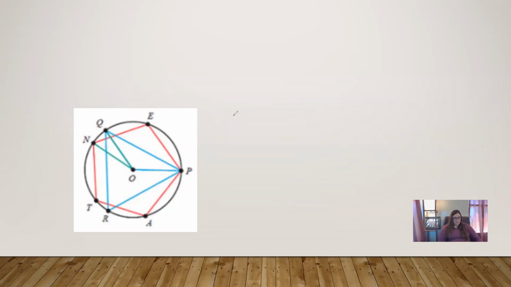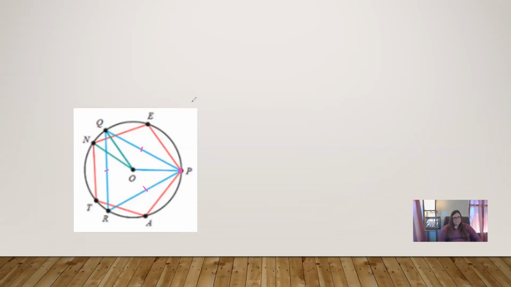All right, so we have this shape right here, a regular pentagon, penta, and then an equilateral triangle right here, equilateral, and P is the common vertex.